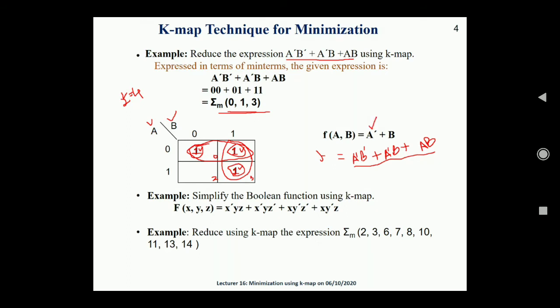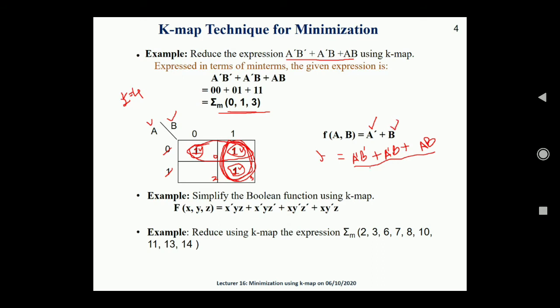If you use this particular vertical group, 0 is cancelled and 1 is cancelled, only 1 is remaining. 1 means B, uncomplemented, so we cannot use B complement here. So here it is B.